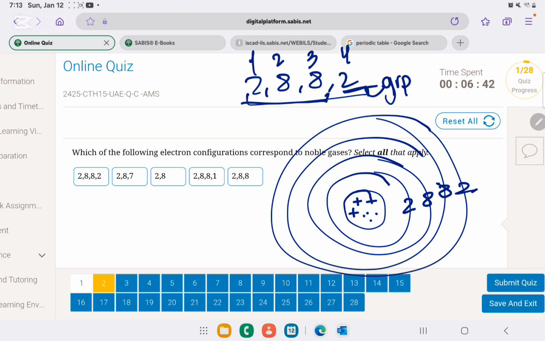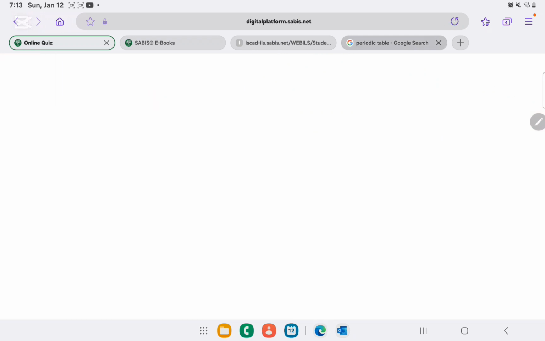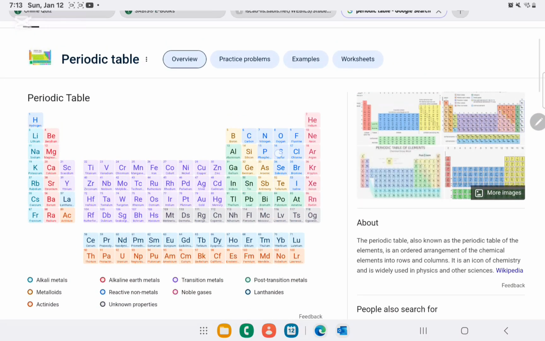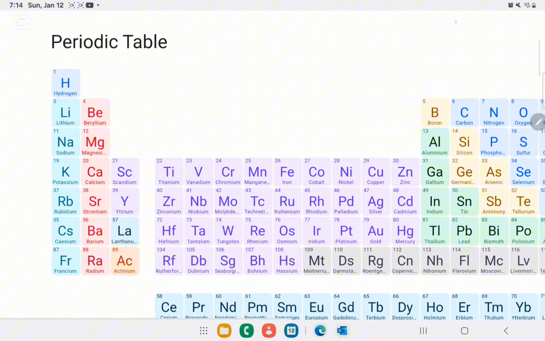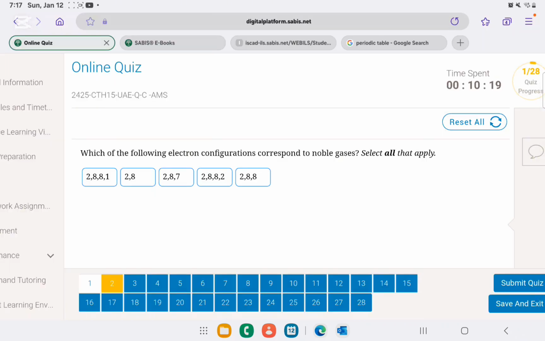So the period number would be 4. So group 2, period 4. So we can find it in the periodic table. In this case it would be group 1, group 2, and then period 4, so 1, 2, 3, 4. So it'd be Sr.